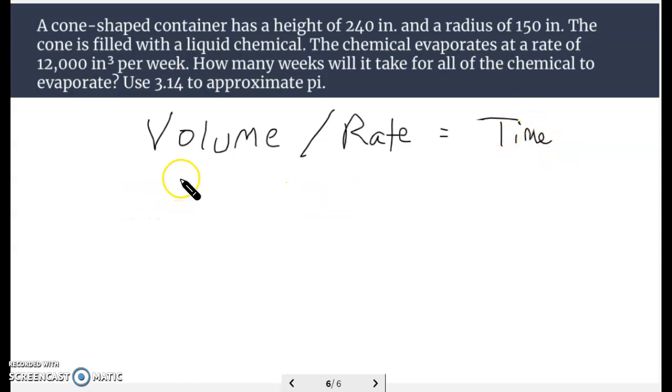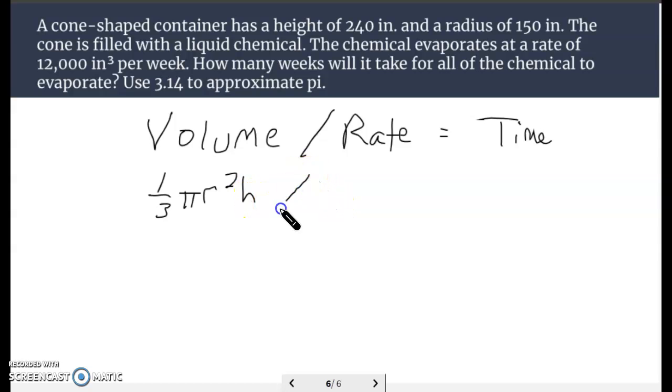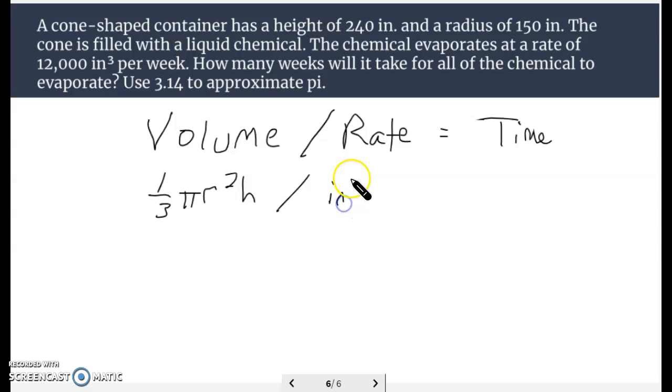All right, the volume is 1/3 times pi, radius squared, h, and we're dividing it by the cubic inches per week. All right, 3.14 for pi.